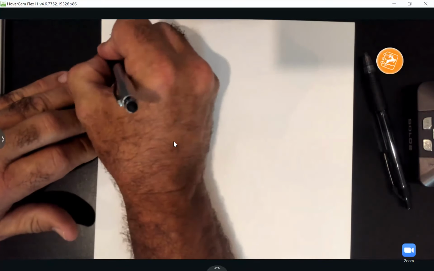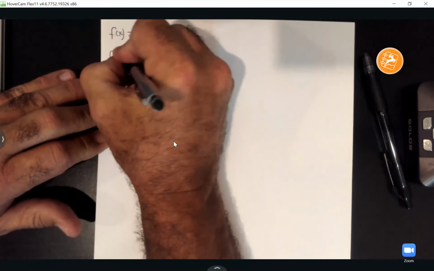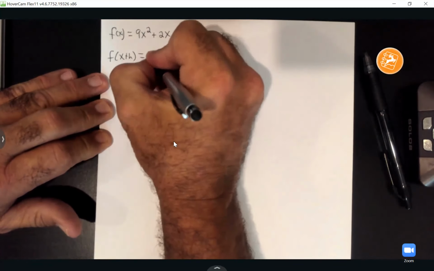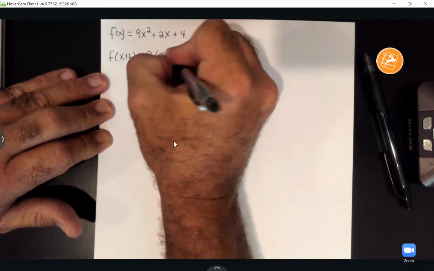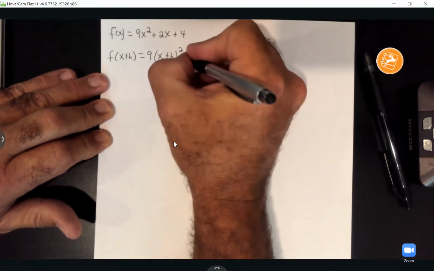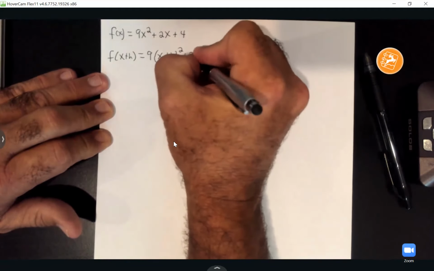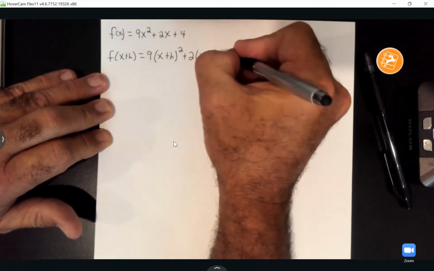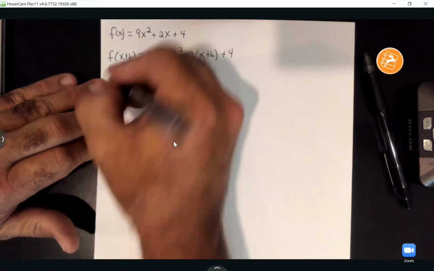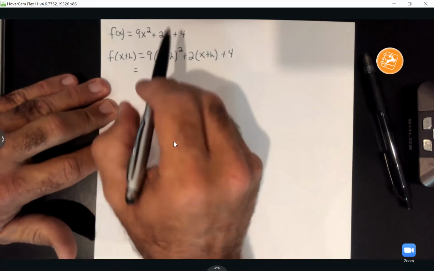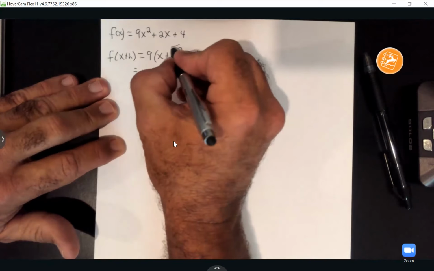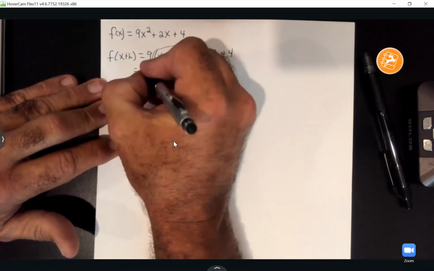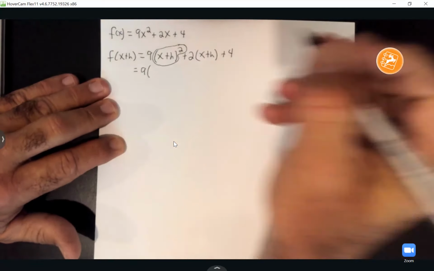So I'm going to find f of x plus h first. That'll be 9 times (x plus h) squared plus 2 times (x plus h) plus 4. Remember, on this one you have to start with this (x plus h) squared. So bring down the 9.